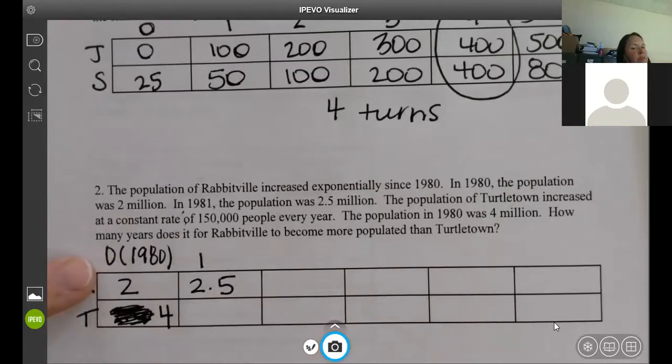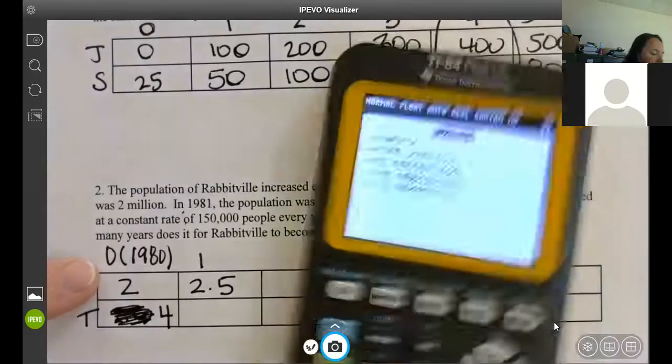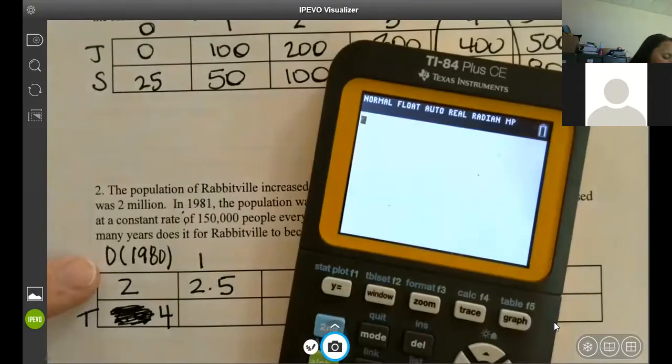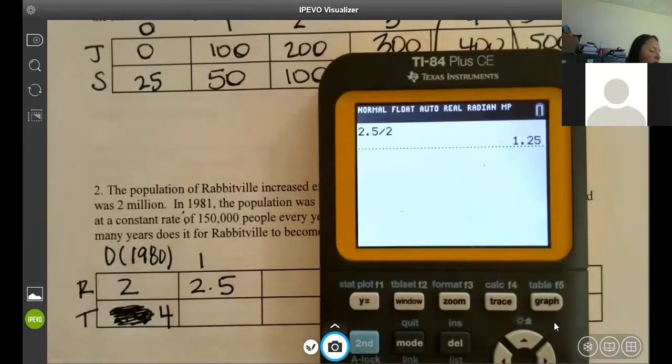It increased exponentially. So how do we do that? How do we figure out the distance if it's exponential? What did I tell you to do? Divide. So 2.5 divided by 2. What do we get? 1.25.